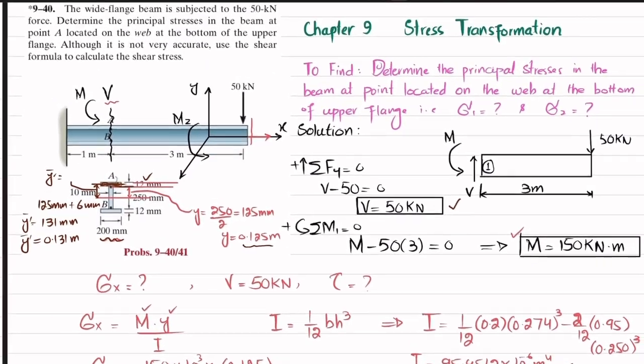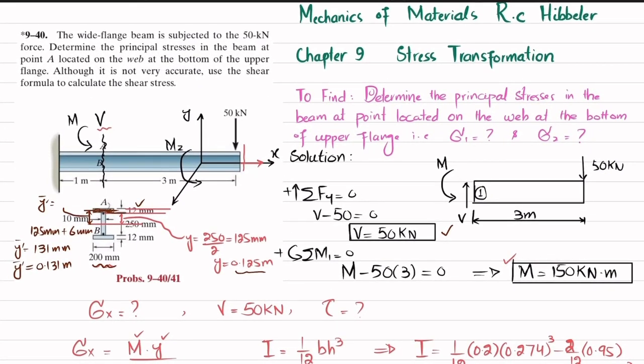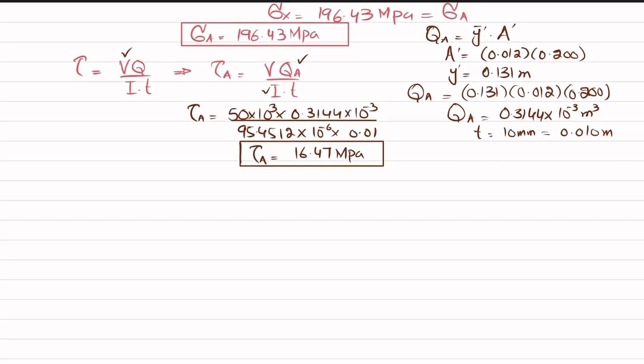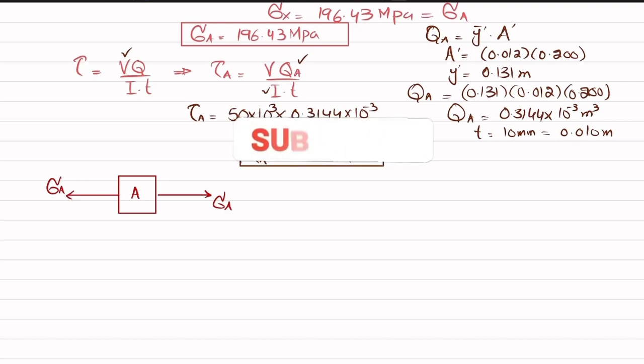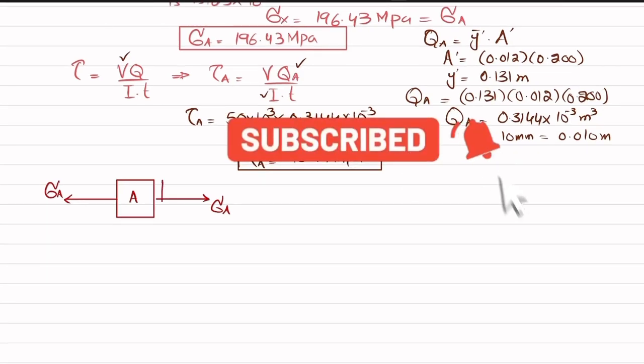Now we have here two stresses. One is normal stress in x direction, which is sigma A, and the other one is shear stress, which is tau A. So if you represent it on a state of stress, let's say this is an element at point A. So your normal stress, which is sigma A, is this one, clear, and your shear stress is tau A. If you represent this tau A, it will be like this.